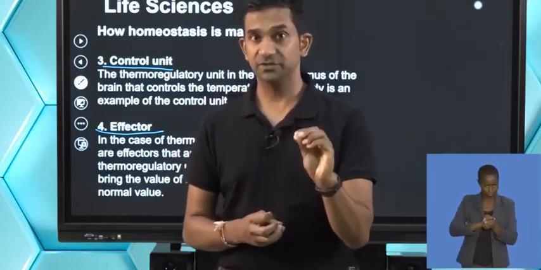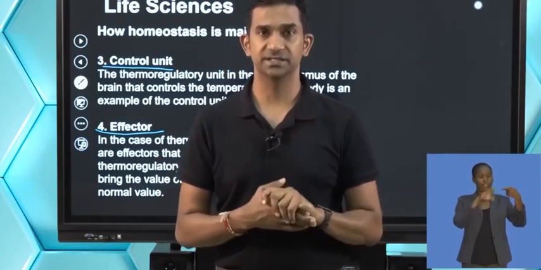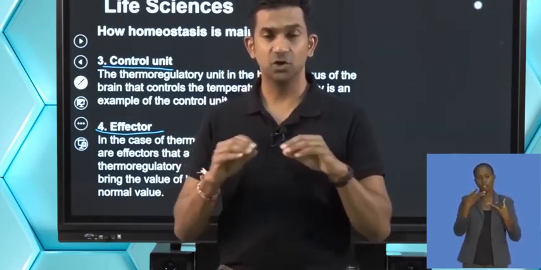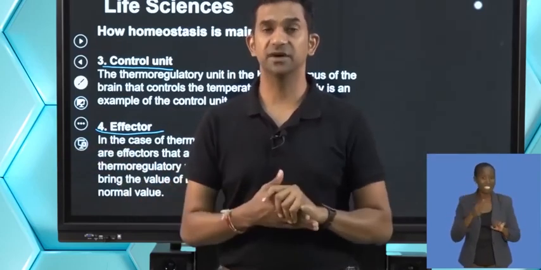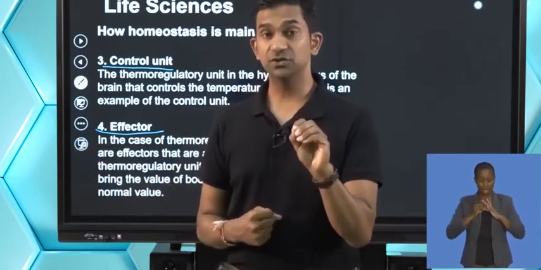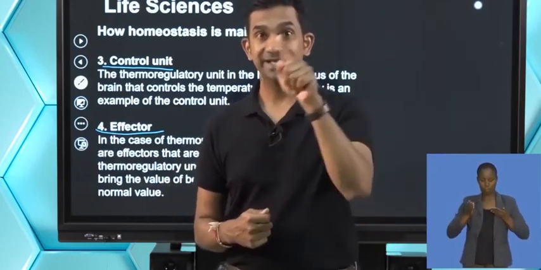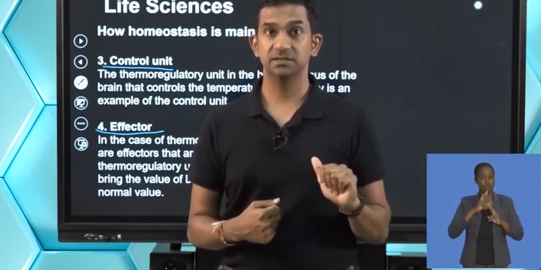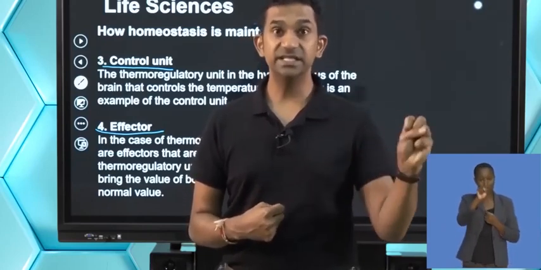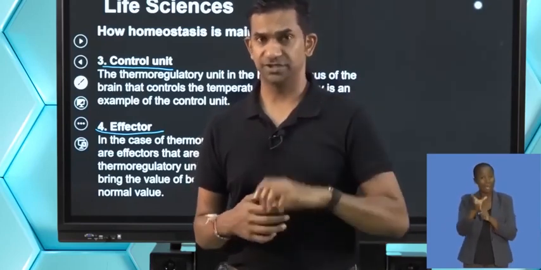In this segment, we've looked at the concept of homeostasis. We've tried to understand what homeostasis means in terms of maintaining a constant internal environment. We've also looked at how the response is created. There has to be a stimulus, which is then received by the control unit.